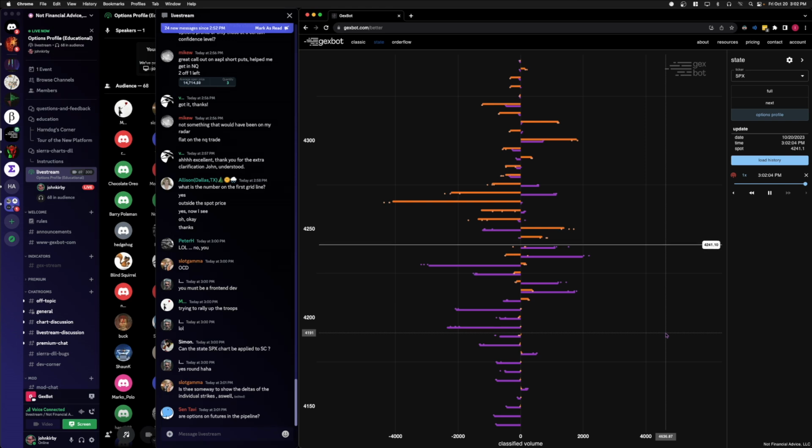Slot gamma, can you specify what you mean? The deltas of the individual strikes? Oh, you mean DEX, don't you? Kind of like the DEX charts in Bear Trap.